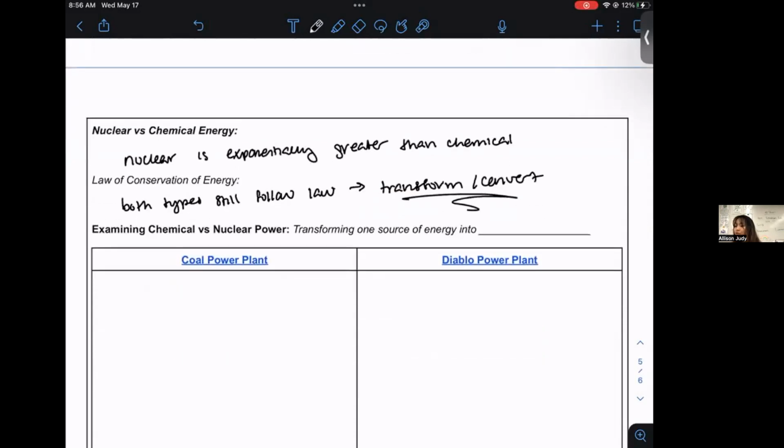So we're going to watch a little video, and you're going to be focusing on how these two power plants, one chemical based, one nuclear based, transform one source of energy into another. You're going to want to pay attention to the individual parts of the power plants that represent phases of transformation.